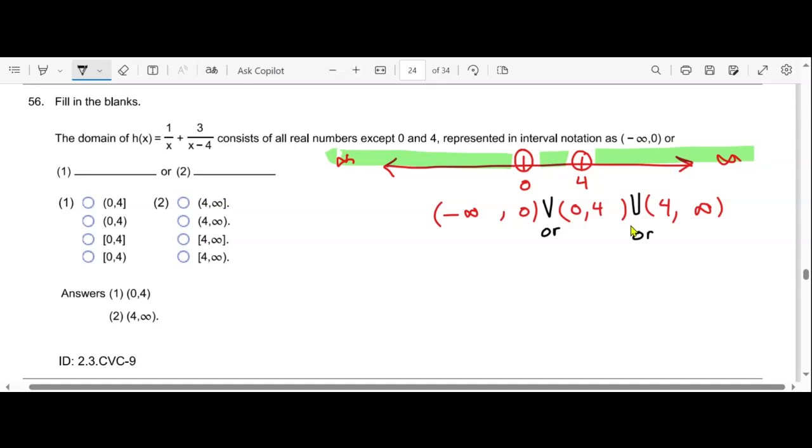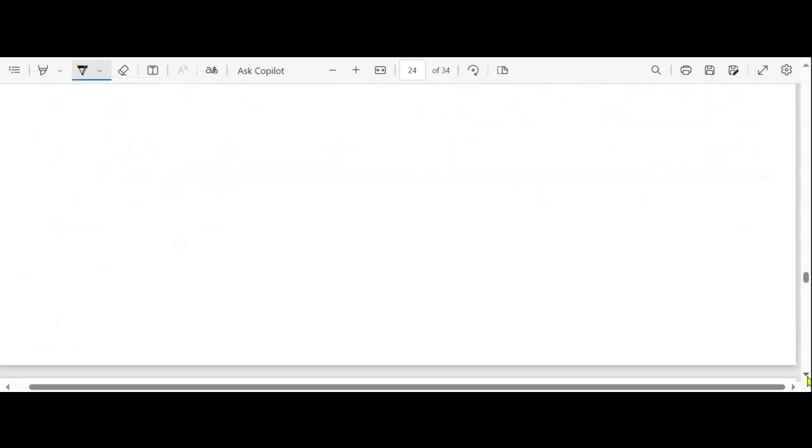And means intersection. Okay, so which one is the answer here? 0 and 4. Which one is 0 and 4? The second. And number 2? 4 to infinity. Which one? Is this clear? Yes. Let's move to the next one.